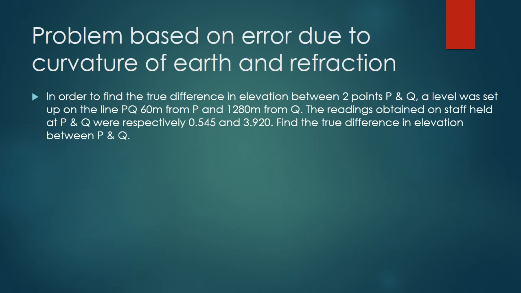This is a particular problem. Let us see how to solve it. In order to find the true difference in elevation between 2 points P and Q, a level was set up on the line PQ 60 meters from P and 1280 meters from Q. The readings obtained on the staff held at P and Q respectively are 0.545 and 3.920.